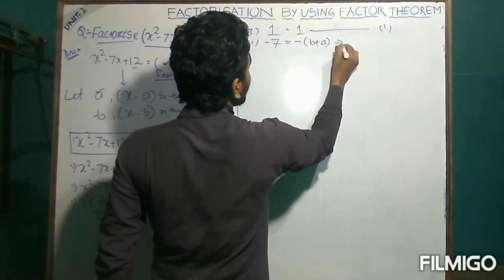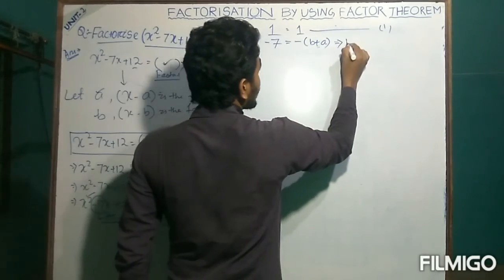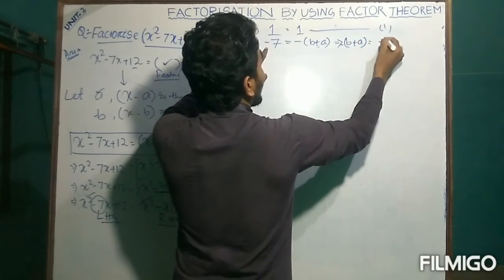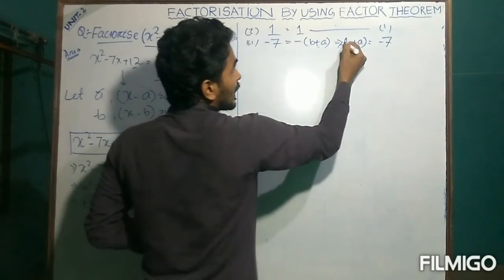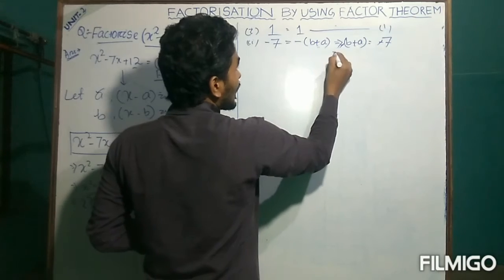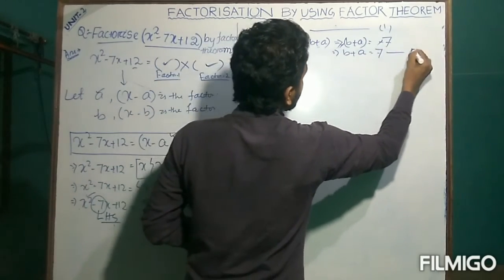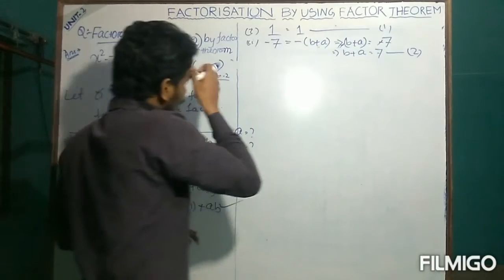Remove x; what will remain is minus, then b plus a. Hence we get minus b plus a is equal to minus 7. The minus minus signs cancel. Hence we get b plus a is equal to 7. This is equation 2.